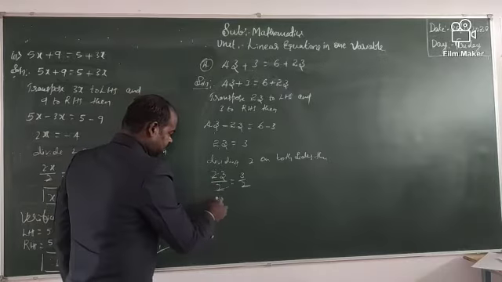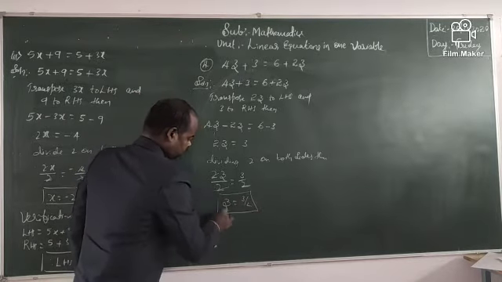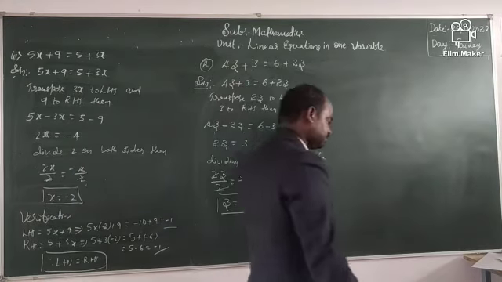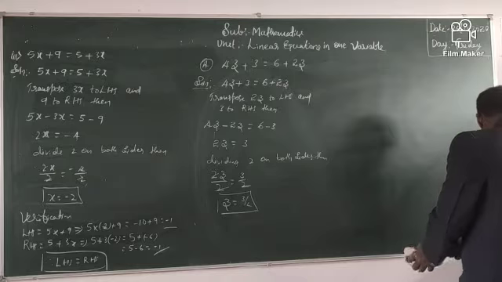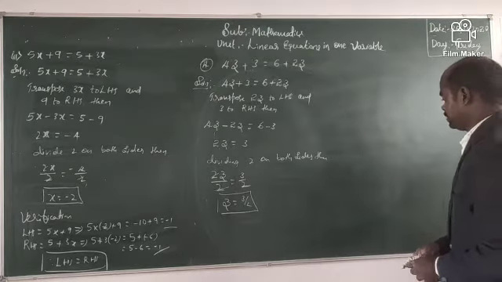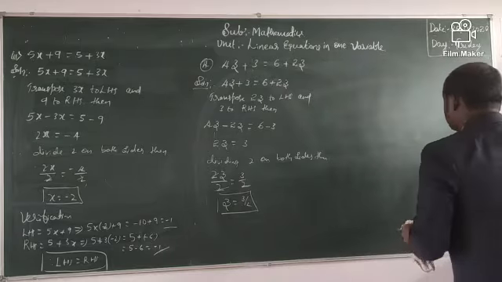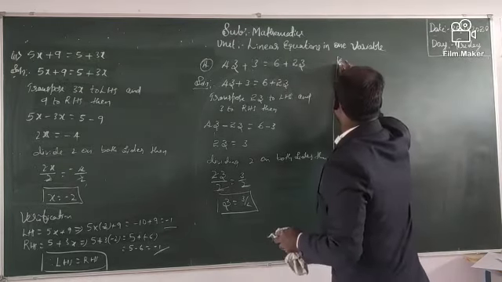Okay, here 2 gets cancelled. Therefore, z equals 3 by 2. Okay, children, got it? This is your answer. And next, verification, you have to do it. I will go through another example.